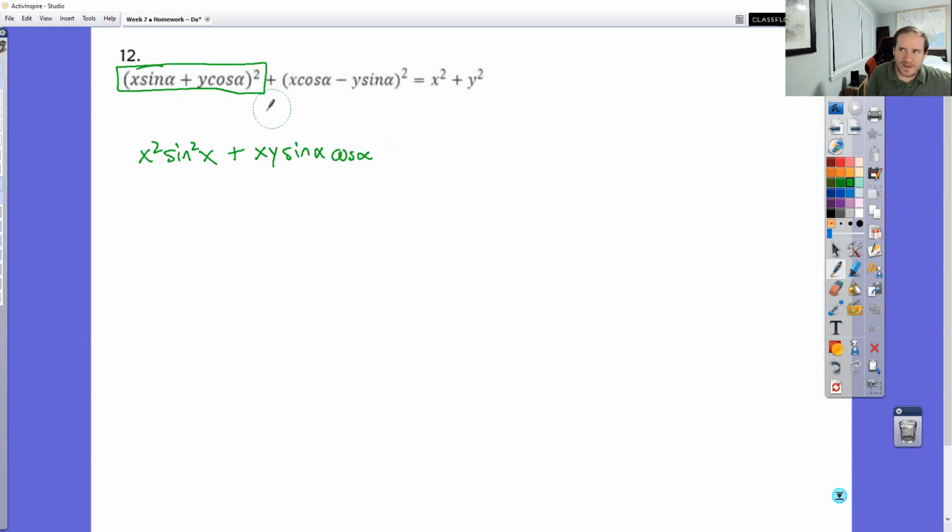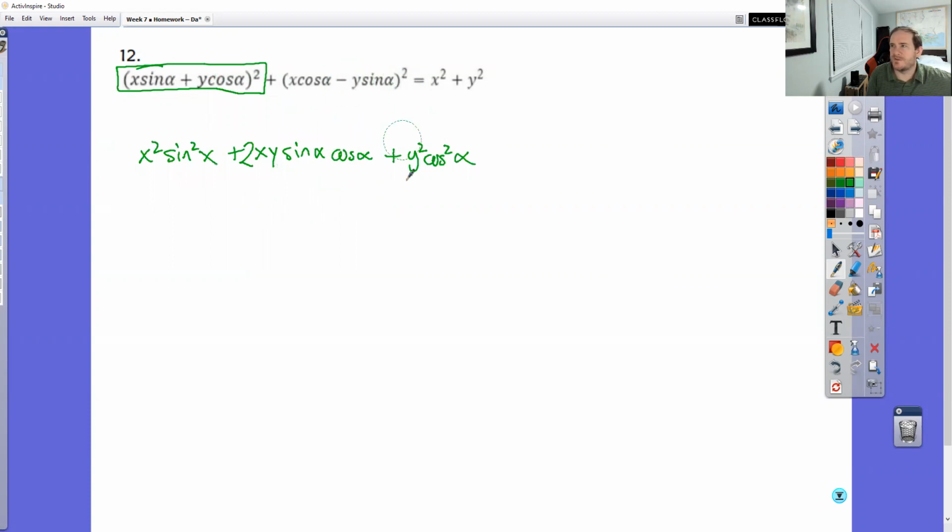So it would literally just be x, y, sine alpha, cosine alpha. And then when you do y cosine alpha times x sine alpha, it's still just going to be the product of an x and a y and a sine and a cosine. So you're going to get 2 of them. And then, of course, y cosine alpha times y cosine alpha will be y squared cosine squared alpha. So that's the expansion of that.